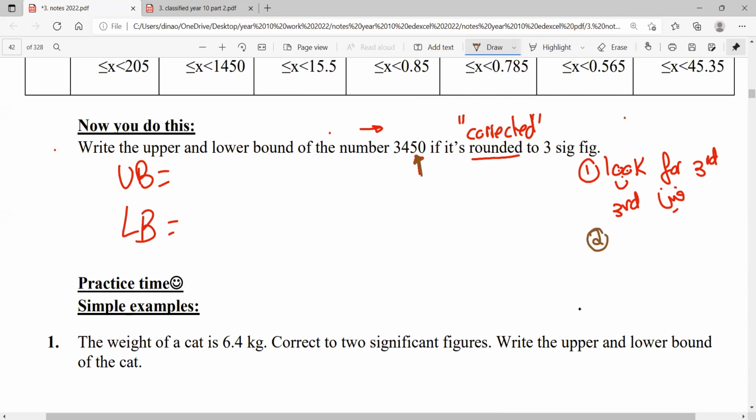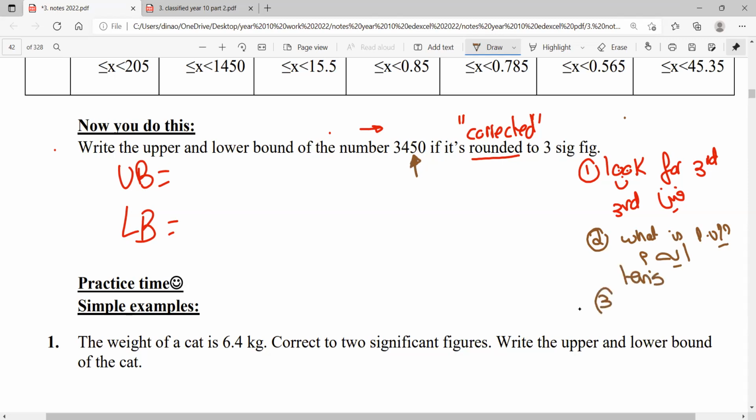And then the second question is, what is the place value of this significant figure? Is it tens? Is it hundreds? Is it thousands? So again, where is the third significant figure? It is the 5. The second question I ask myself is, what is its place value? Its place value is tens.